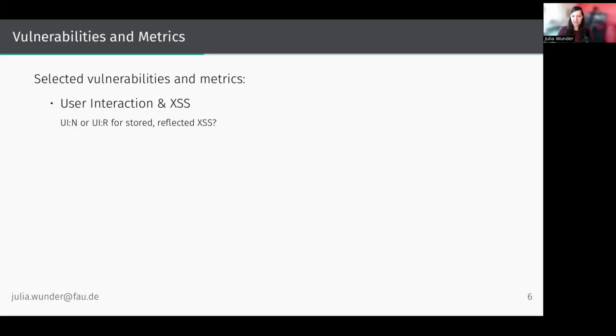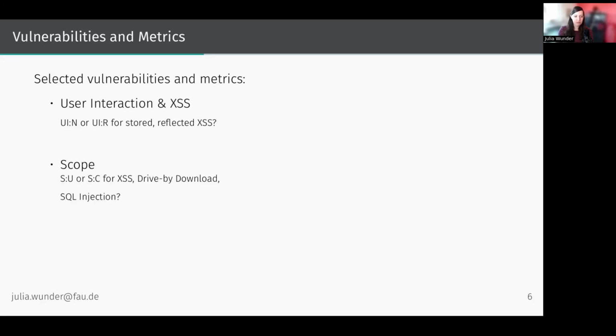For a reflected XSS vulnerability, the user has to actively click on a link so that a malicious script is executed. Whereas for a stored XSS vulnerability, the malicious script is stored within a website, so each time a user visits the website, the malicious script is executed. So the question here is, is user interaction none, or is it required for stored and reflected XSS?